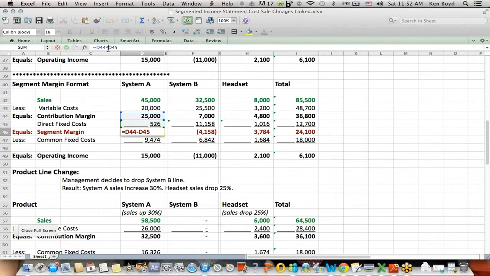This is the contribution margin just for that segment, the contribution to profit. Then we subtract System A's share of the common fixed costs, and we get down to operating income for segment A. This method helps the manager see what the profit is just for their division, and then what the profit is after their allocation of fixed costs, because the manager can be evaluated on both numbers.